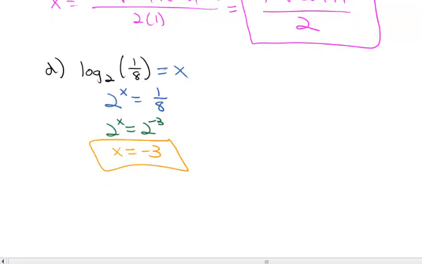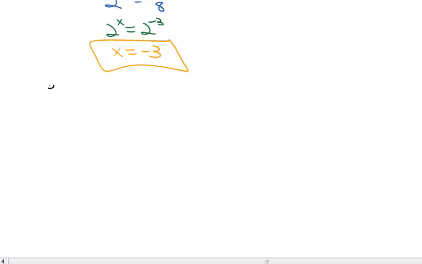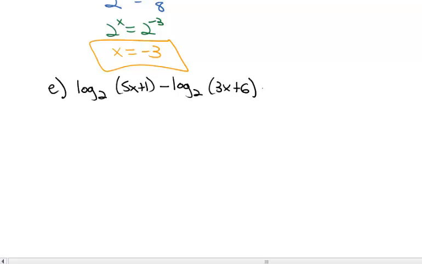How about this one? Let's do the log base 2 of 5x plus 1 minus the log base 2 of 3x plus 6 equals the log base 2 of 7. Again, with several logs on one side of the equation, it's going to be very difficult to solve. So we'll combine them into a single log with subtraction.